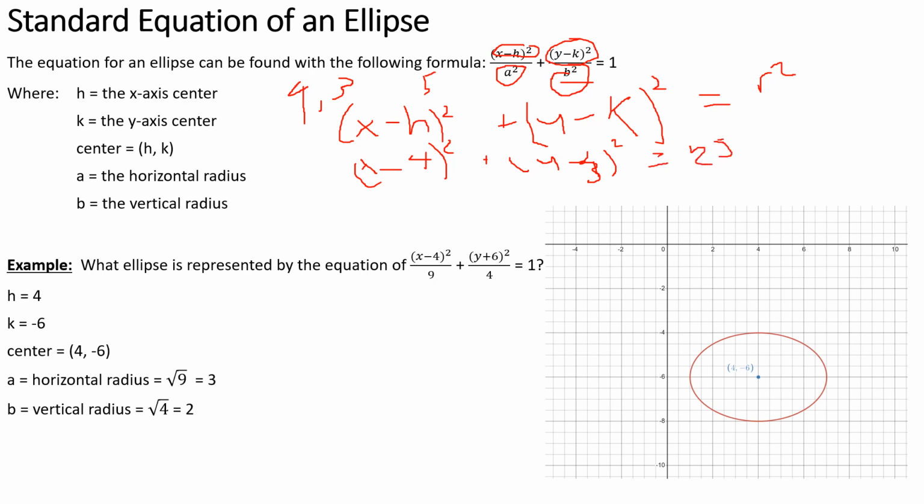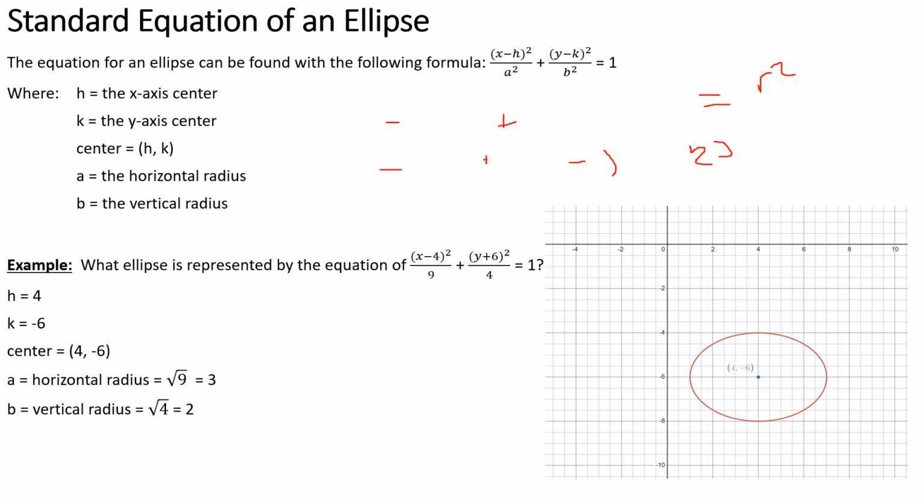Now, let's suppose I wrote the circle with an ellipse equation. And remember, my a is my horizontal radius, my b is my vertical radius. Well, with a circle, the horizontal and vertical radius are the same. So what's going to happen if I write this as an ellipse equation?